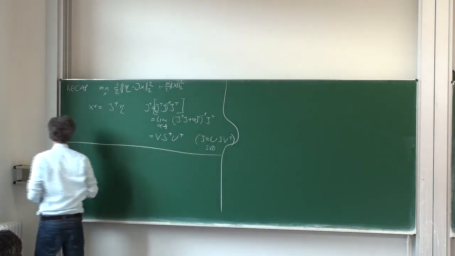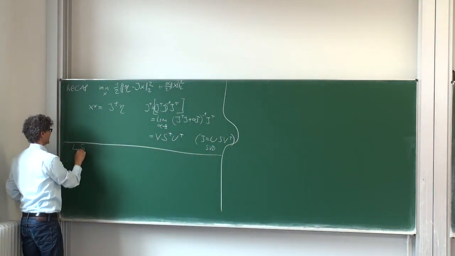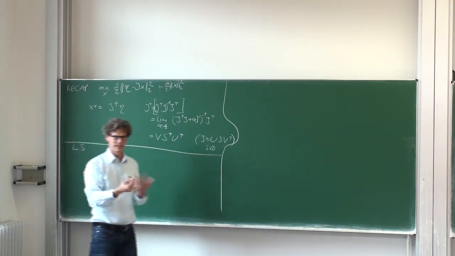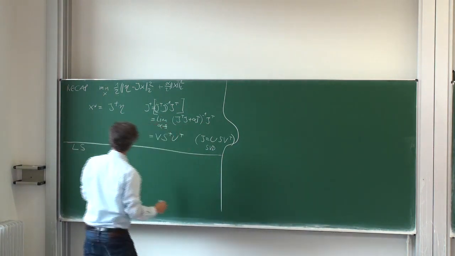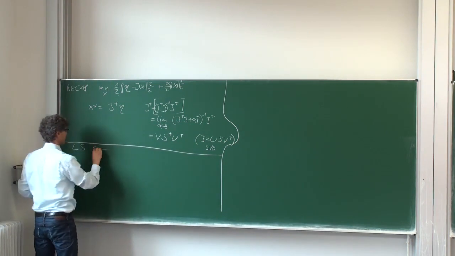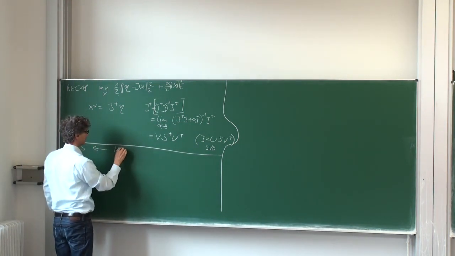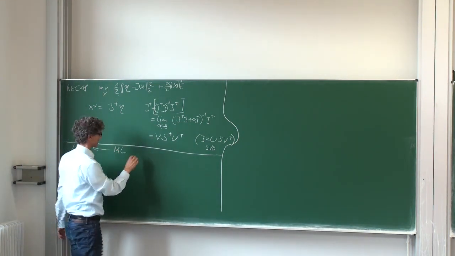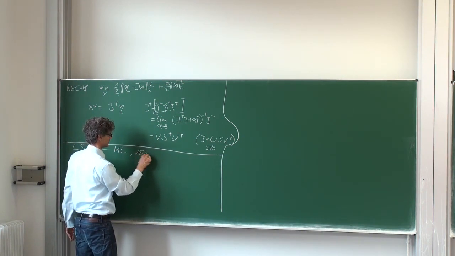The other thing is that least squares can be statistically derived, and usually these problems come from a maximum likelihood estimate assuming Gaussian noise.